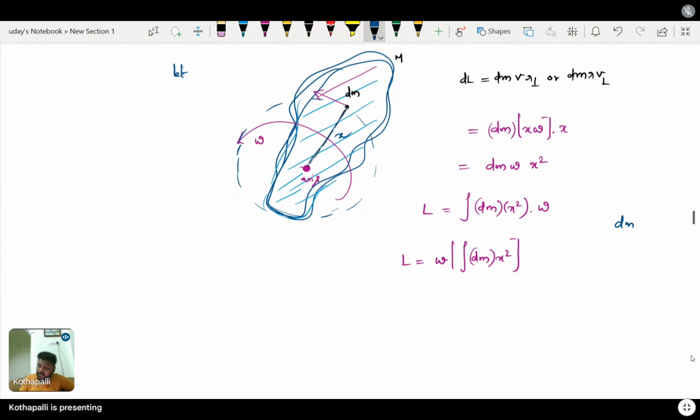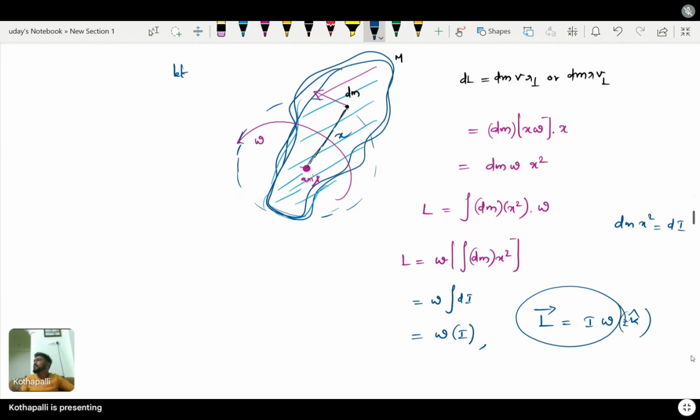It is nothing but moment of inertia: mass into perpendicular distance square. So this is omega into the integral of dI, and the integral of dI will be I. So the angular momentum of any rigid body is nothing but I omega, clockwise or anti-clockwise, plus or minus k.